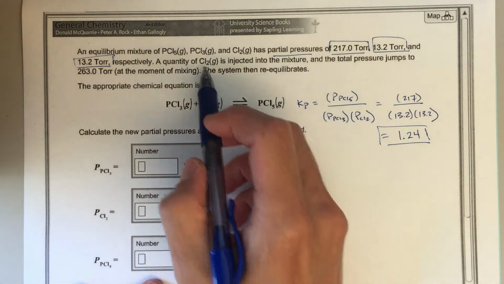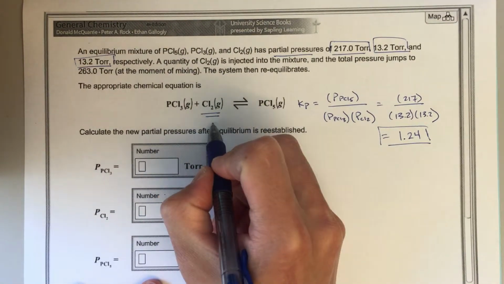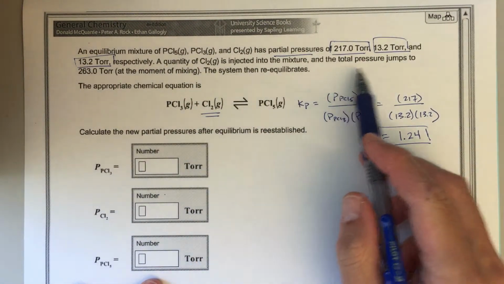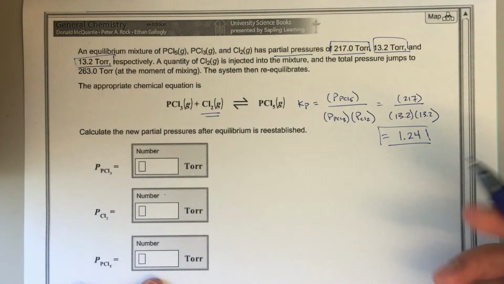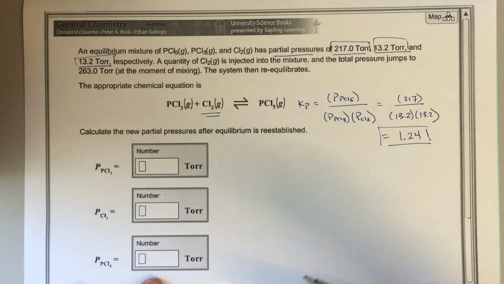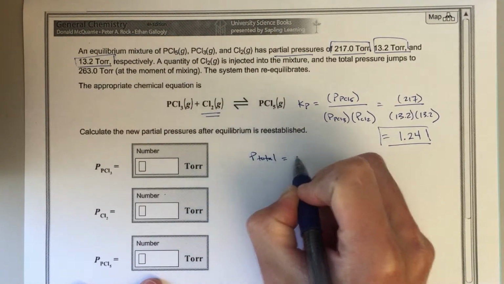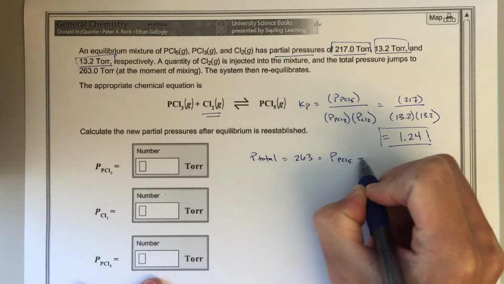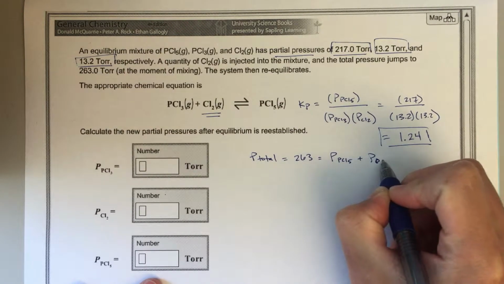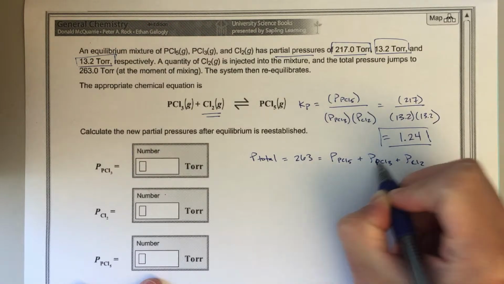The next part says some quantity of Cl2 is going to be injected into the mixture. So I'm going to add in some Cl2, and the total pressure jumps to 263 torr. At this point we need to figure out what that means in terms of how much Cl2 I'm adding in. I know that the P total, which equals 263, is going to equal the pressure of PCl5 plus the pressure of PCl3 plus the pressure of Cl2.